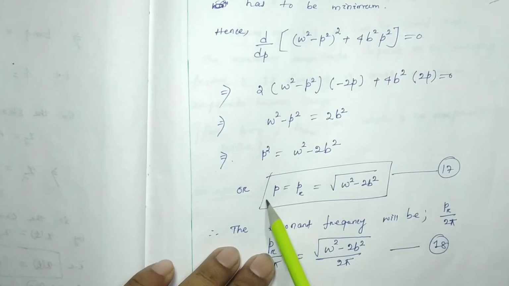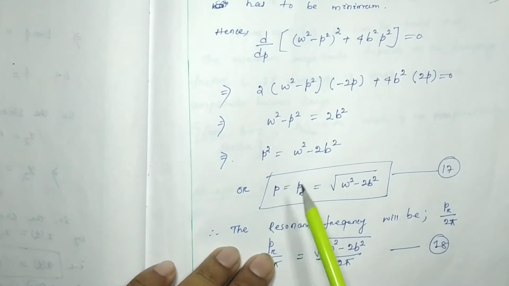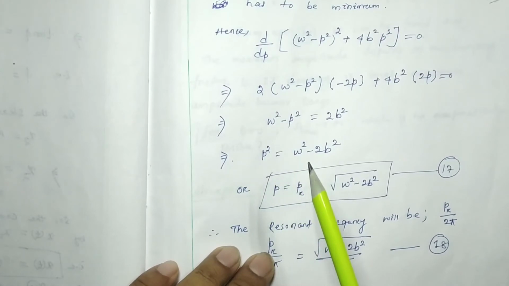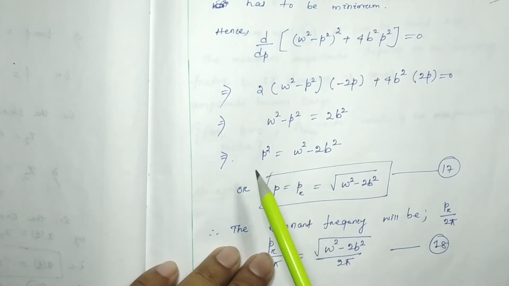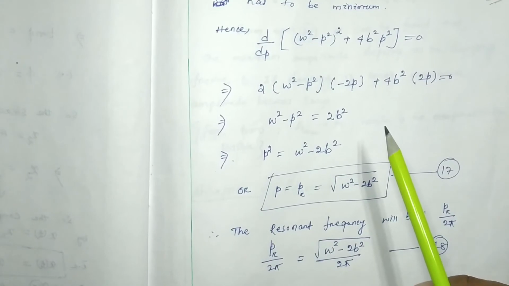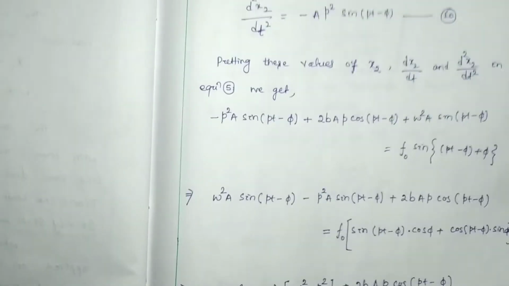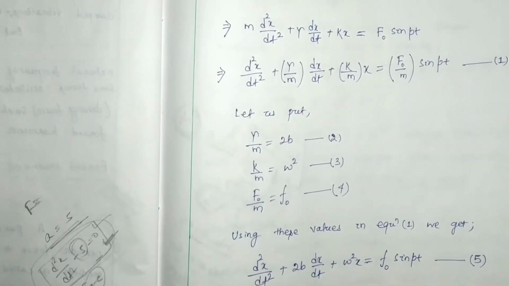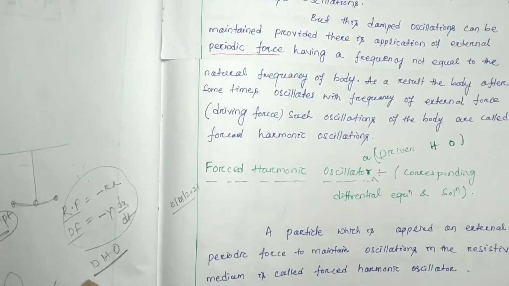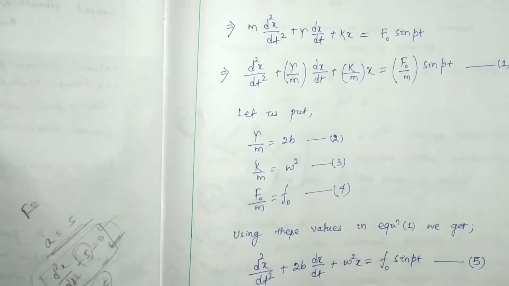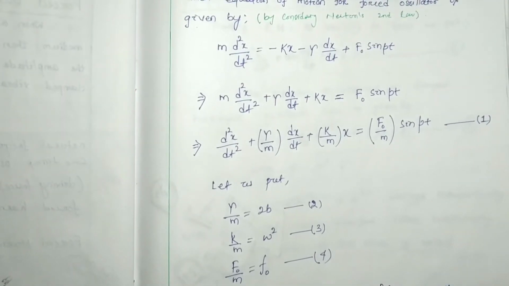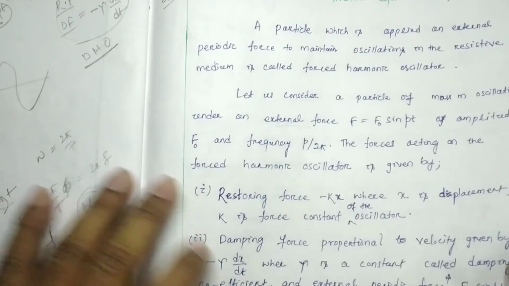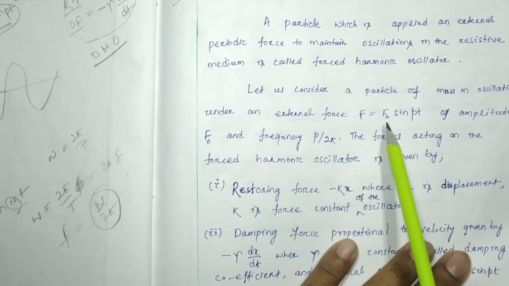So p will be pr. This p is nothing but your frequency of applied force. You have to go to the initial point where we defined the applied force. Here you can see that the external force is nothing but F0.